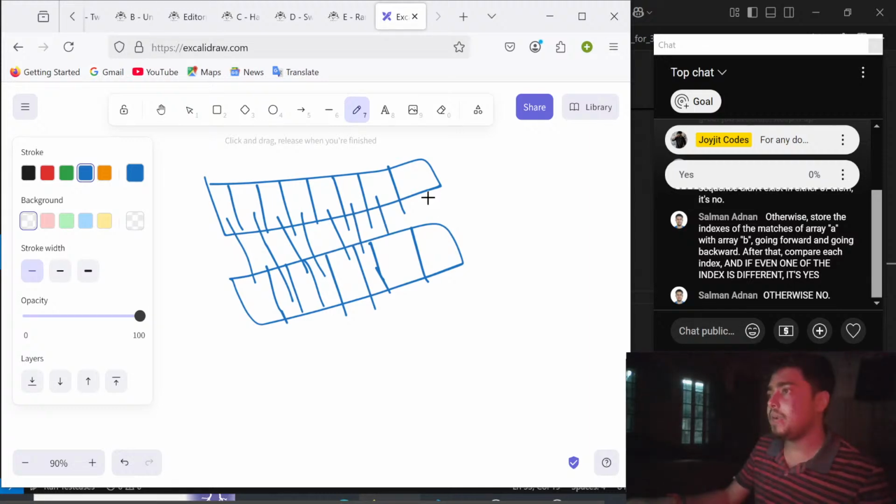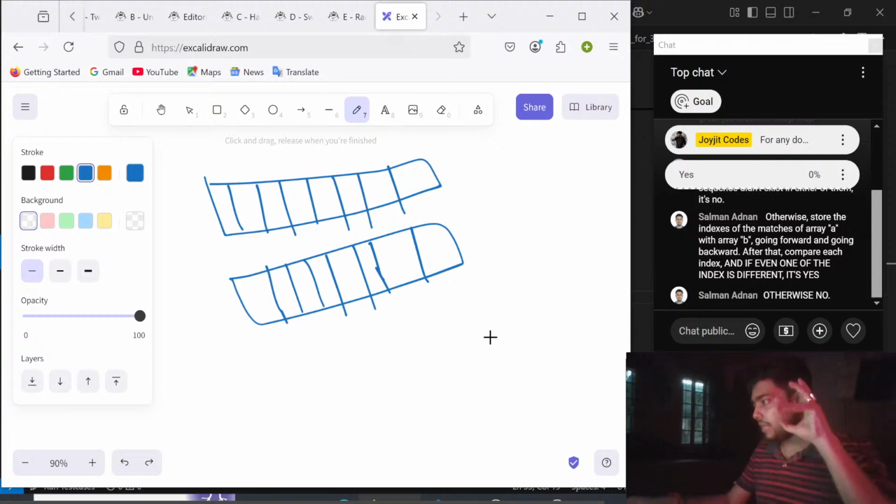Now before getting into the editorial, let me tell you one of the concepts that struck my mind. Obviously I won't get into the code of this because I think the editorial will be much easier for us to understand.